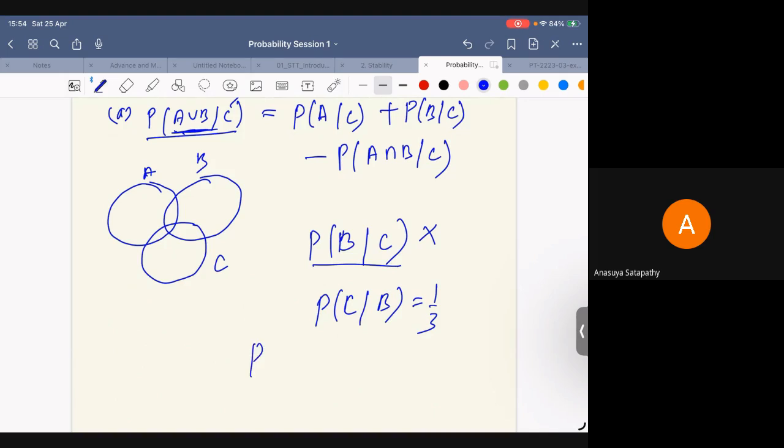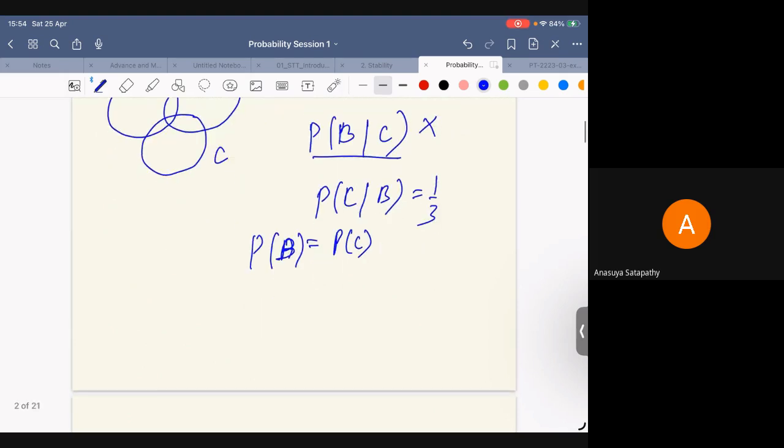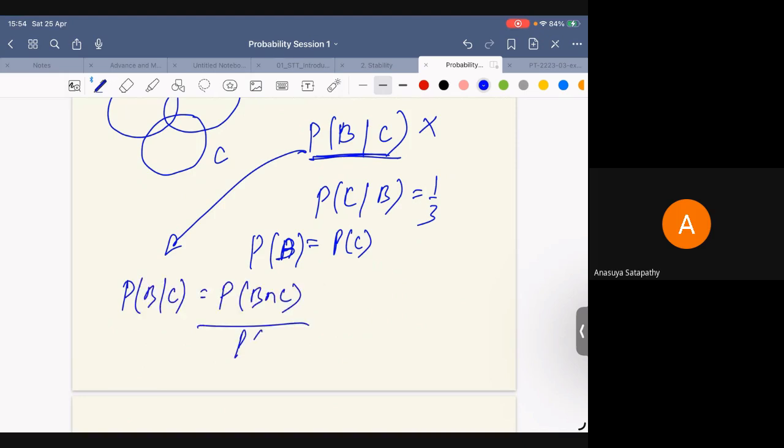One more condition is given, probability of B equal to probability of C. So apply the multiplication rule. I can write this one as B intersection C divided by P of C, right?